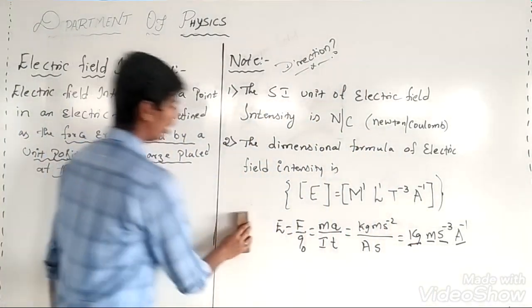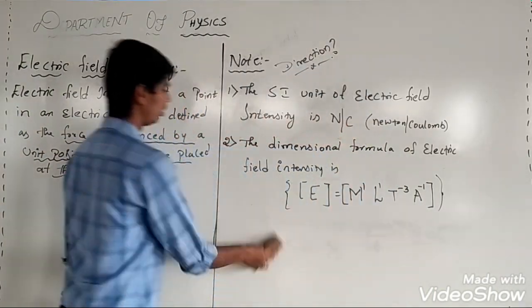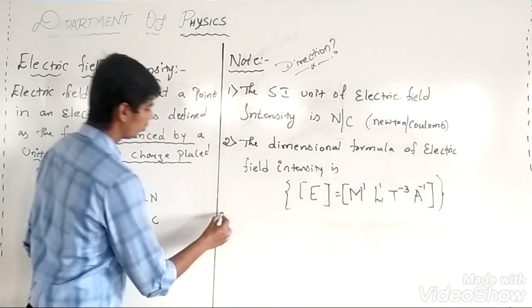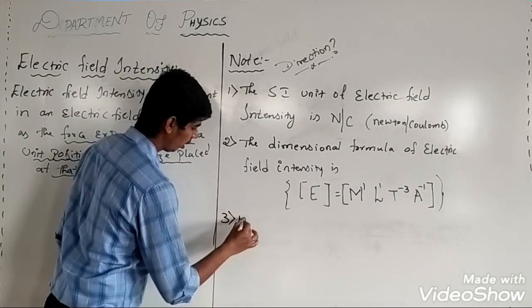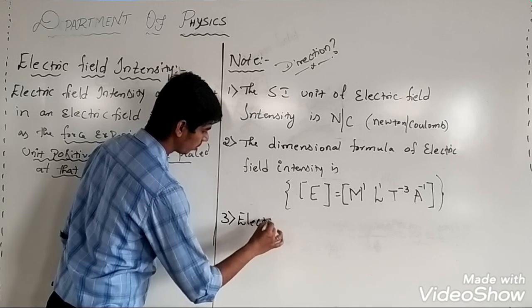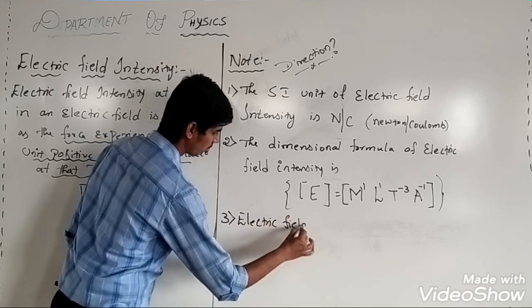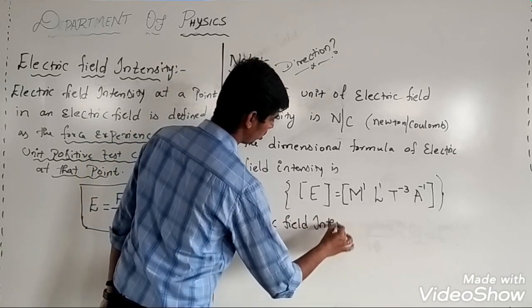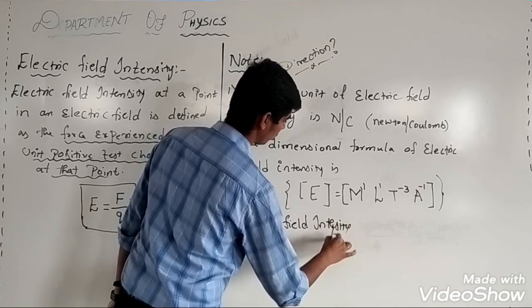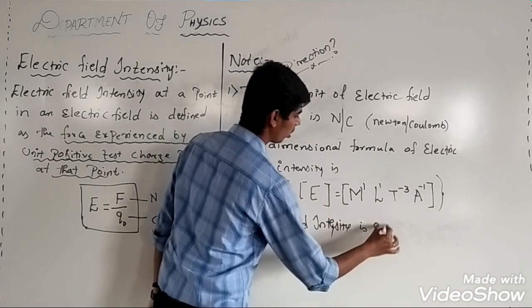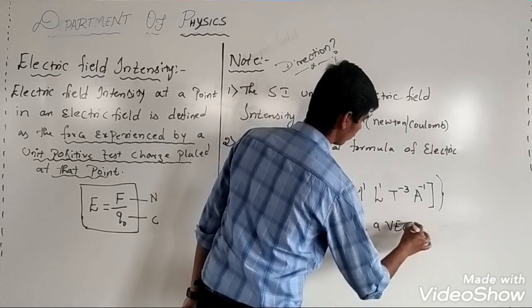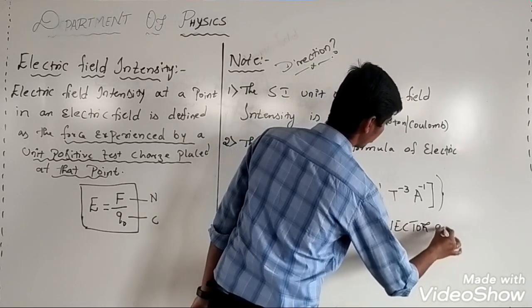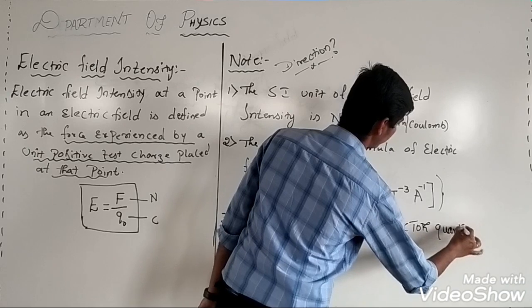With this idea of dimensions of electric field intensity, you should also note that electric field intensity is a vector quantity. Electric field intensity is a vector quantity.